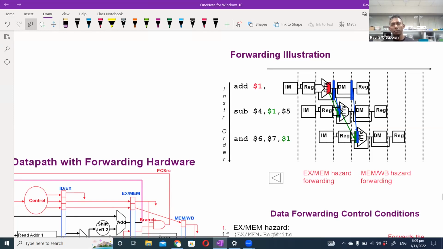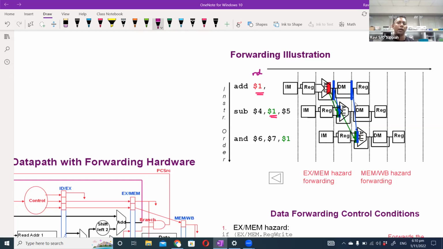There are two types. For an instruction like this, for example, I am updating one register here, and I need that register for the next instruction. Looking back at your MIPS instruction coding, let's assume this is your RD register.